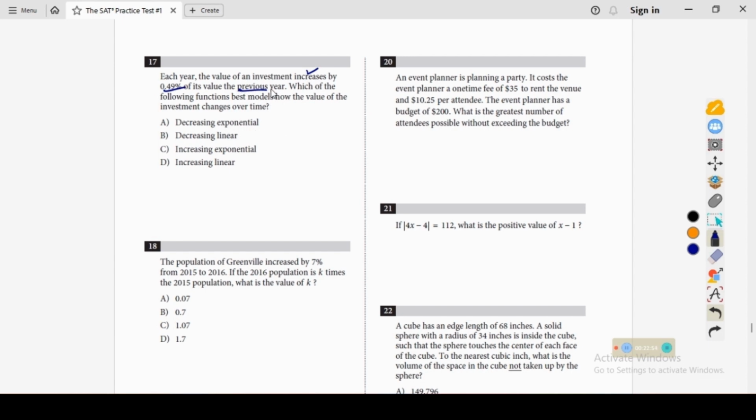It means every year the value increases by a fixed percentage. So the function is an exponential function and it is also increasing. So it is an increasing exponential function. C is the correct answer.